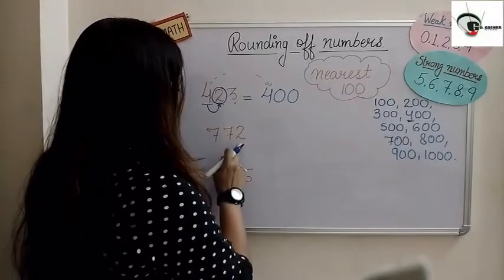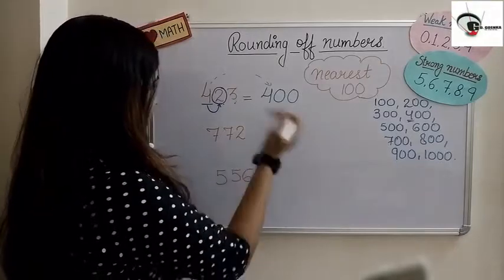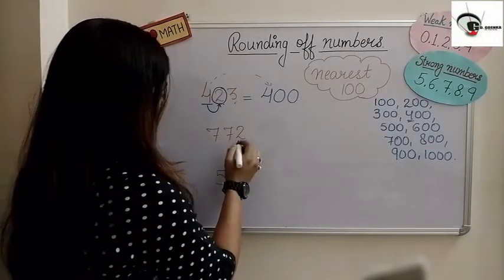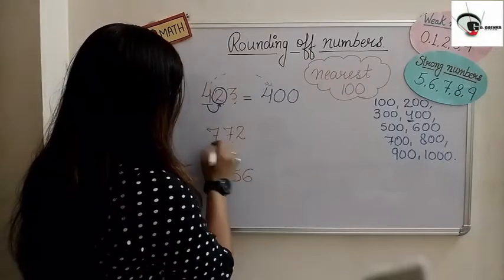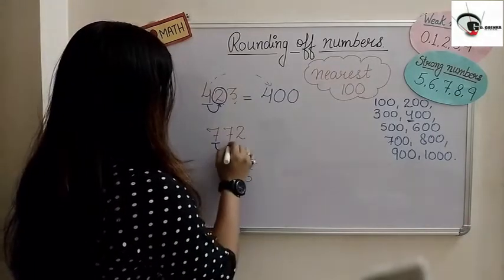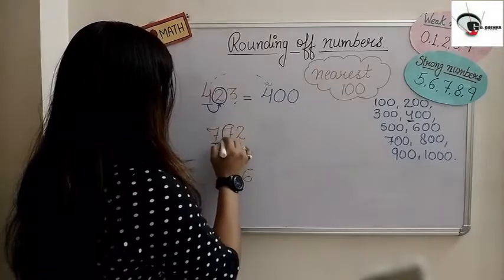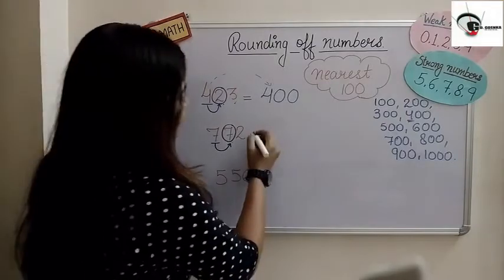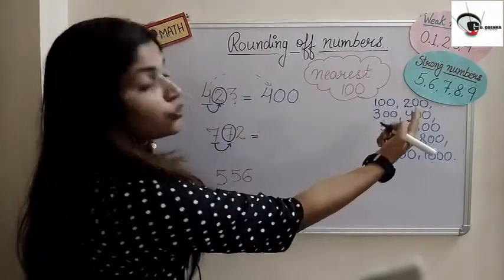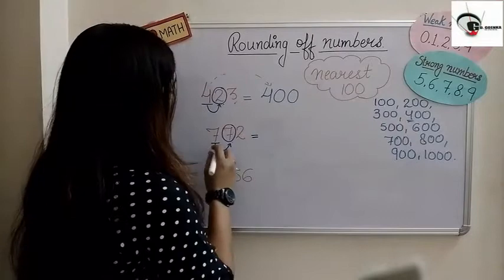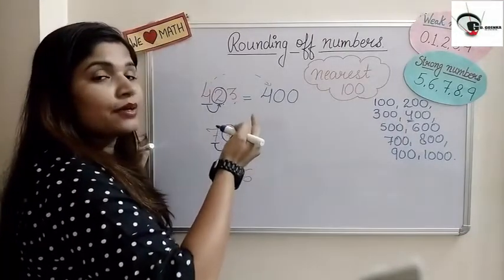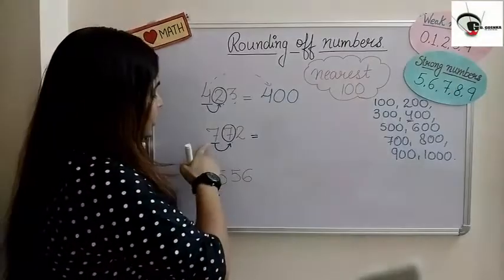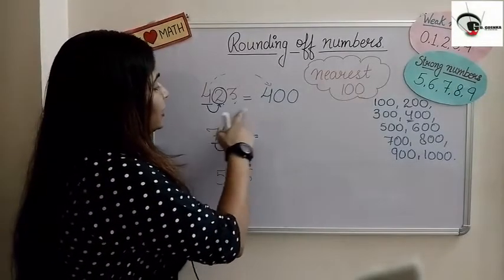The next number is 772. Again, we have to identify the number at the 100 place: ones, tens, 100. We circle the number next to it on the right side, that is 7, and 7 belongs to the strong numbers. A strong number has the power to push the number to the next value.